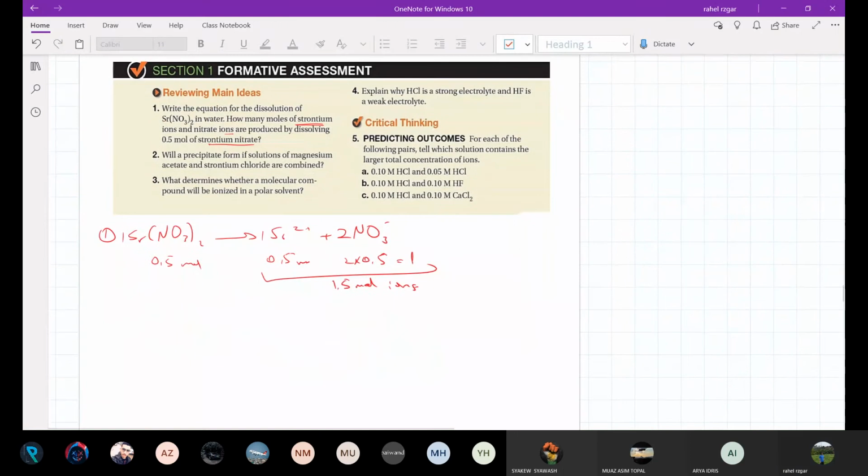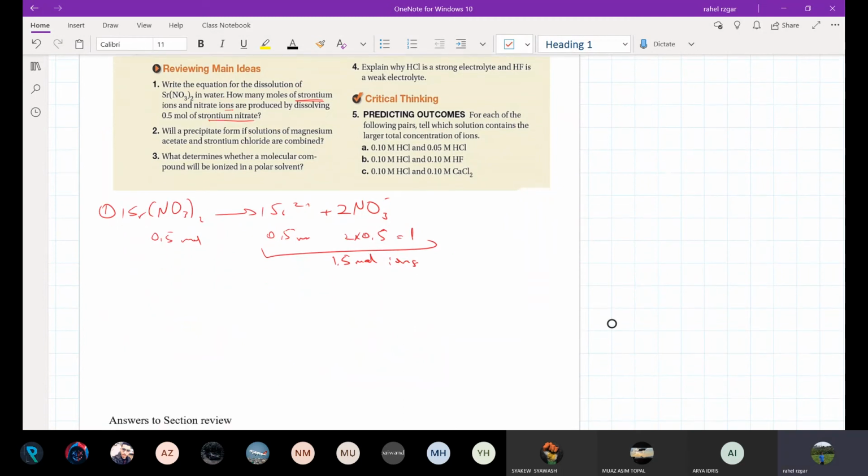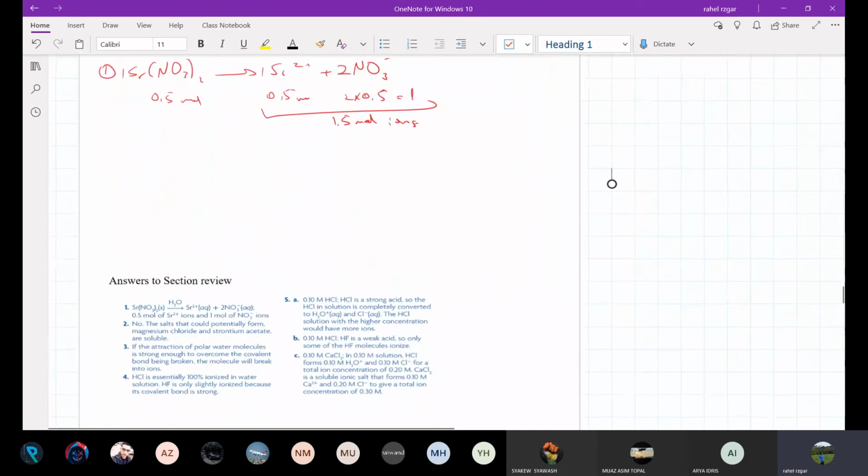It says, question 3, what determines whether a molecular compound will be ionized in a polar solvent? Just check the idea, ionized. What decides if it's ionized or not? We said ionization depends on 2 things. The attraction of polar water molecules is strong enough to overcome the covalent bond being broken, so the molecule will break.